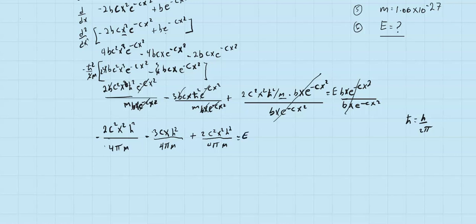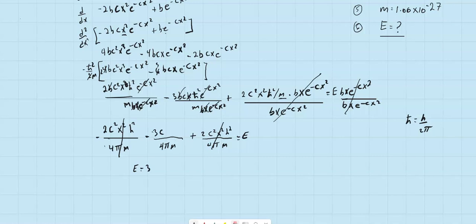So right away I know I can cancel this and I can cancel this, so my energy is going to be equal to 3. I was able to cancel this x right here because I have it over here. I just wrote it out by mistake over here.